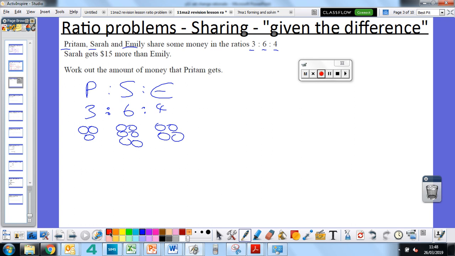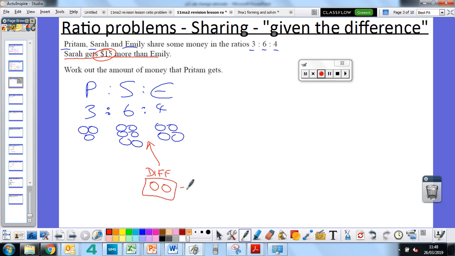And what they tell you is that Sarah gets 15 more than Emily. So you're looking at the difference here. The difference between the 2 is 2 parts, isn't it? 6 parts for Sarah, 4 parts for Emily. The difference of 2 parts, that's what the $15 is.